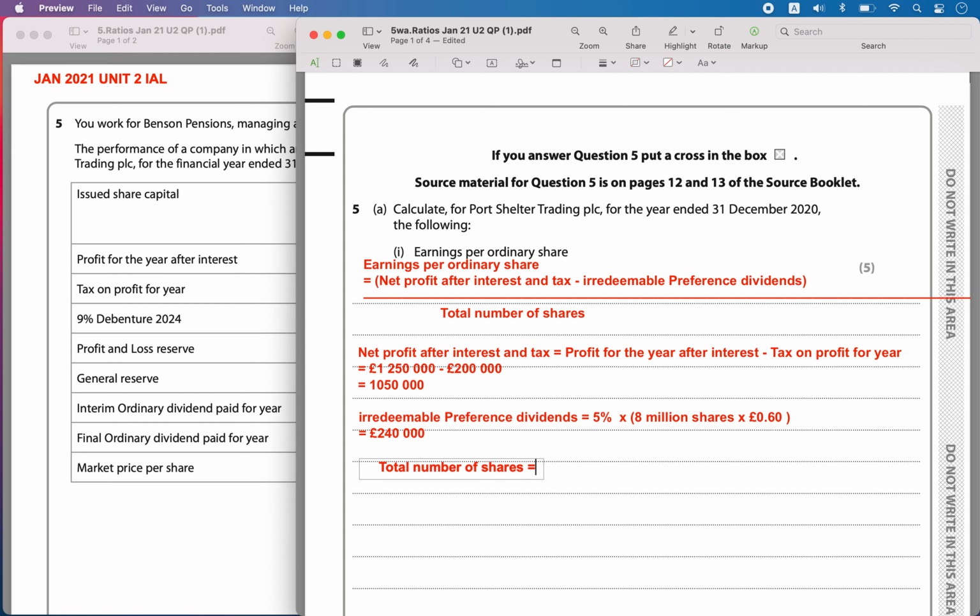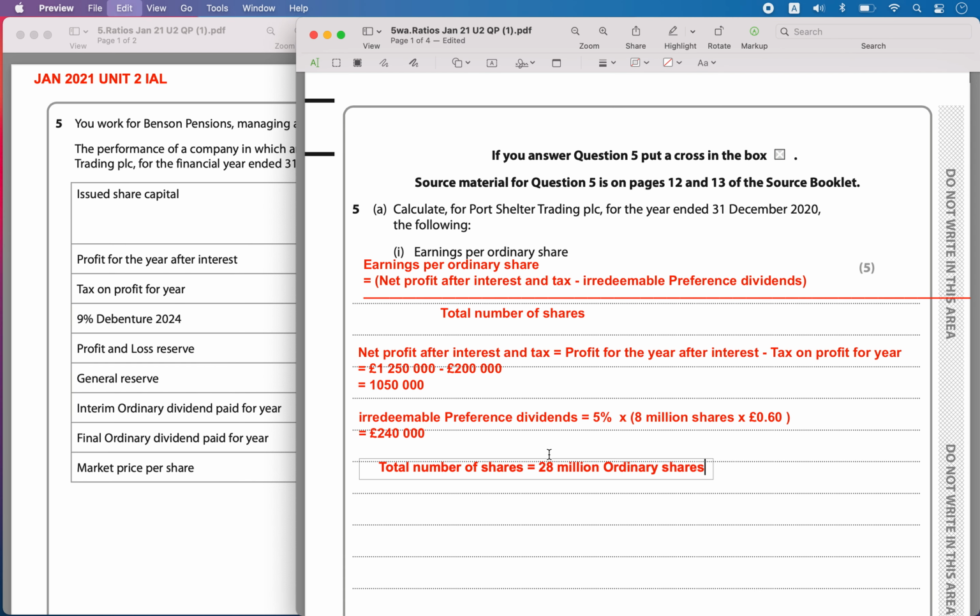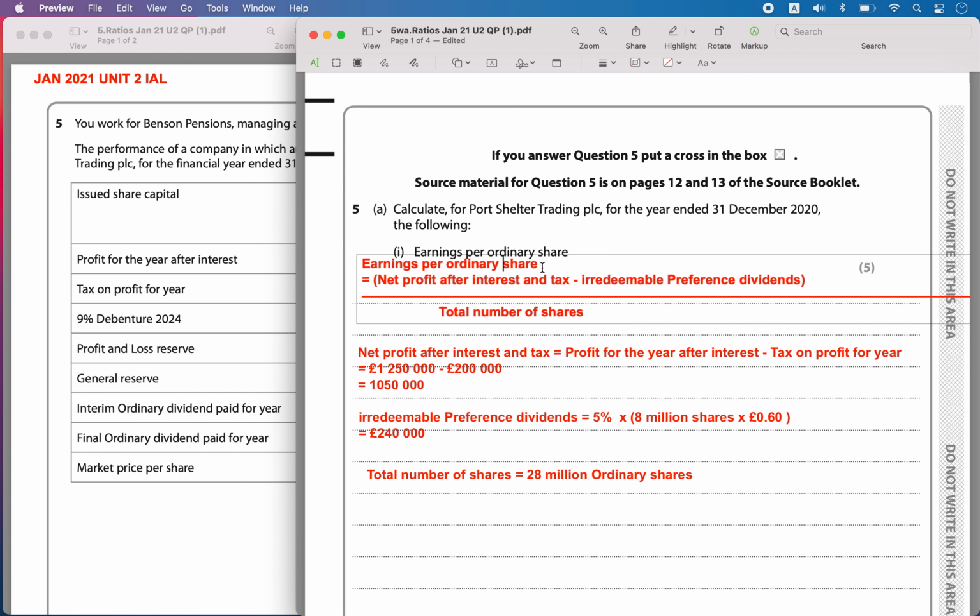What is the total number of shares? In the company, for ordinary shares, there are 28 million ordinary shares. So this value also we will write. Now we will calculate the EPS, the earnings per ordinary share.